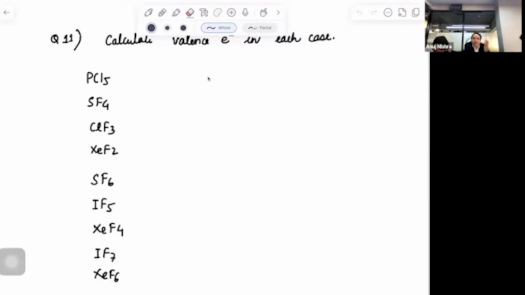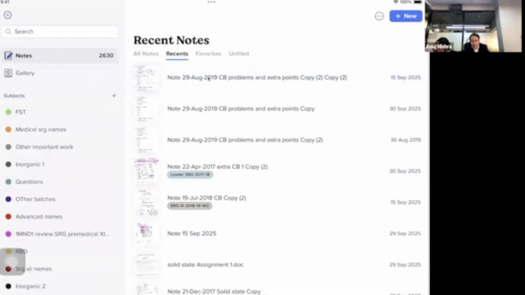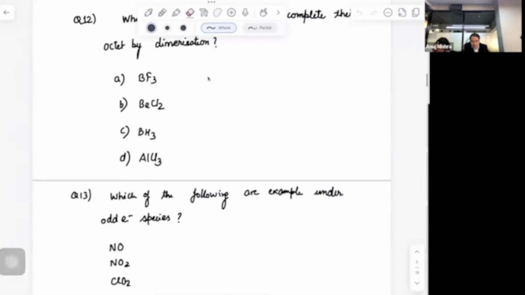Please check. Can I say all these structures will be considered hypervalent structures? Doable? Can you complete the remaining yourself? Come to the next question.